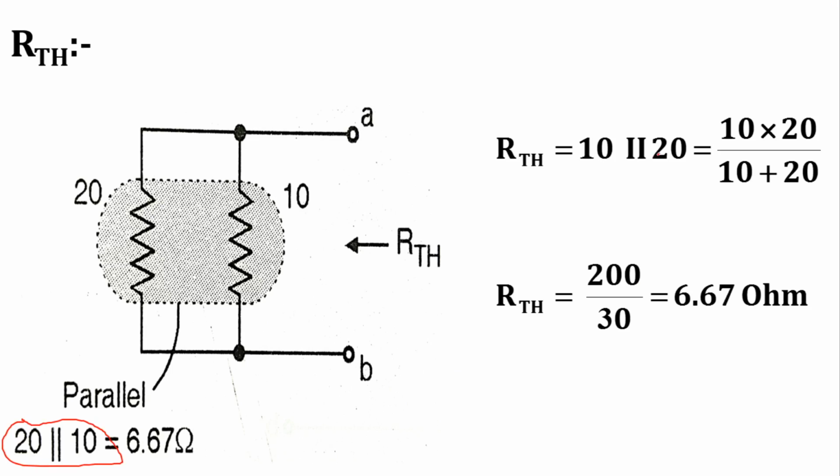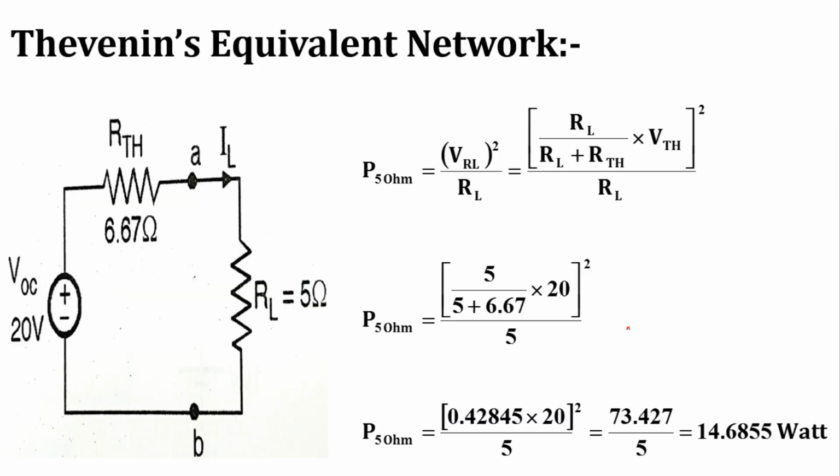So 10 parallel 20 is 10 into 20 divided by 10 plus 20, so RTH is equal to 6.67 ohm, that is 200 by 30. So Thevenin's equivalent network will look like this: VTH 20 volt, RTH 6.67, and RL.